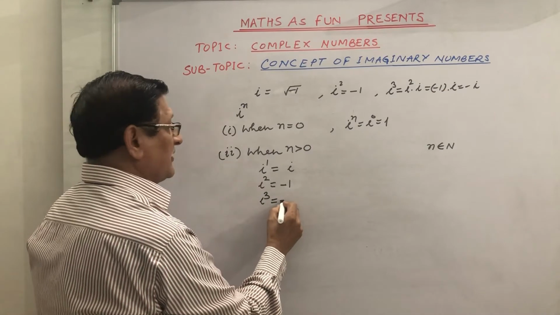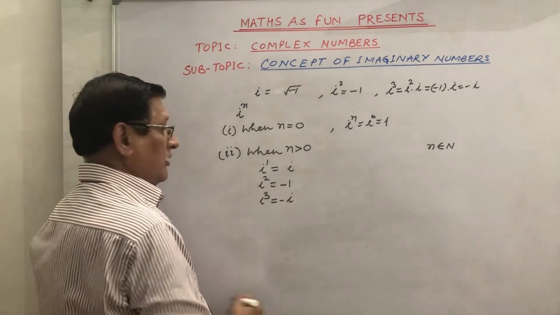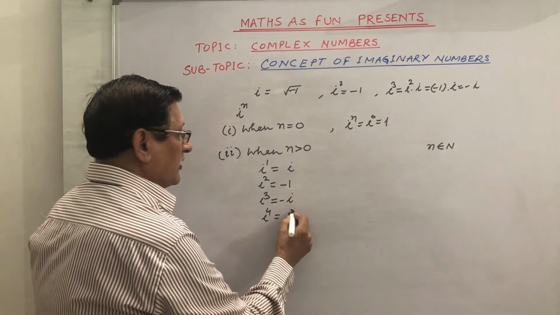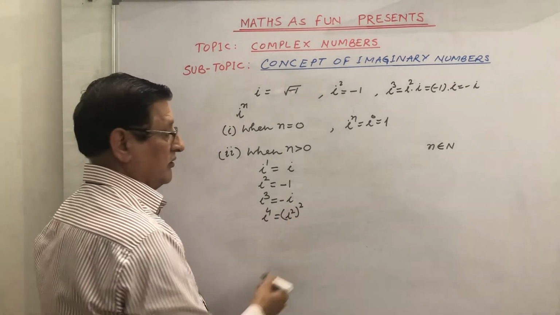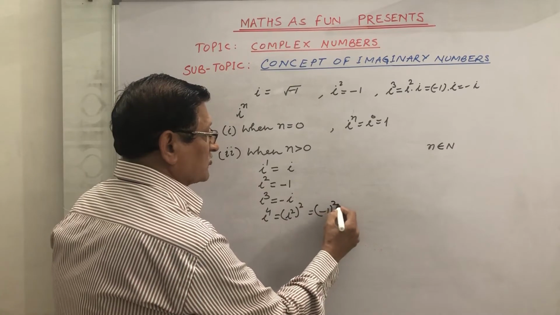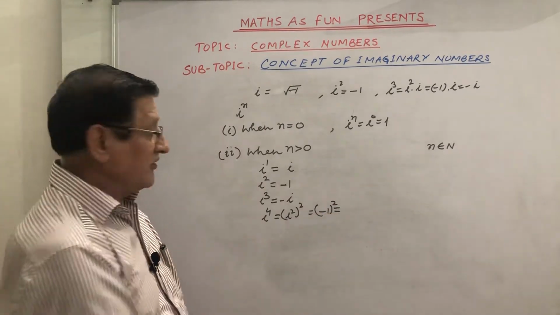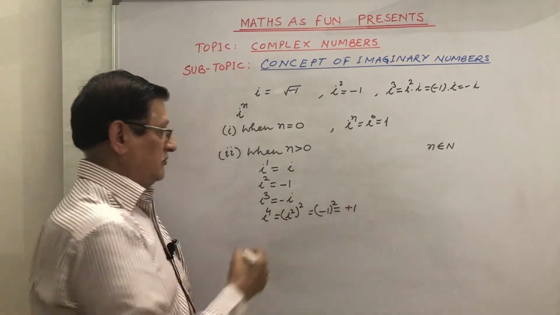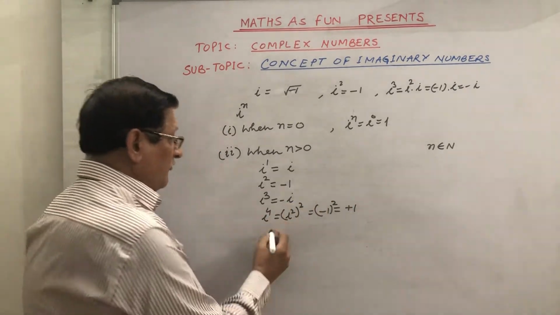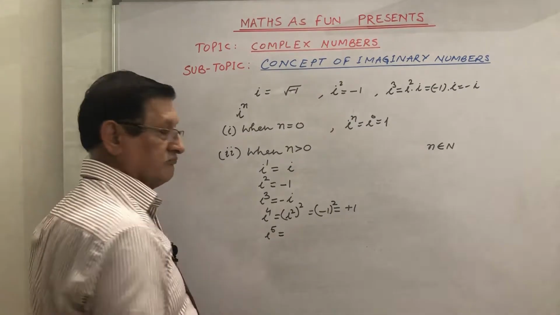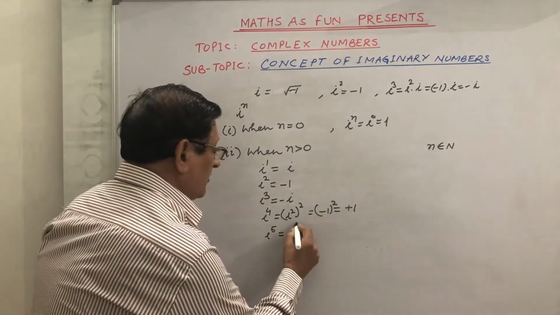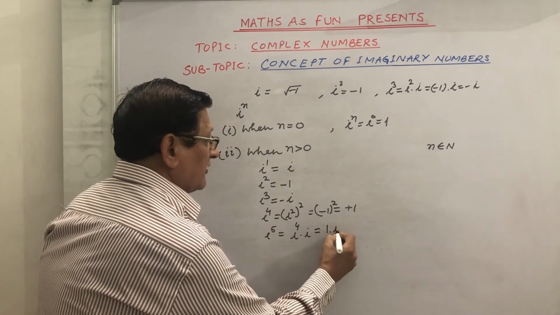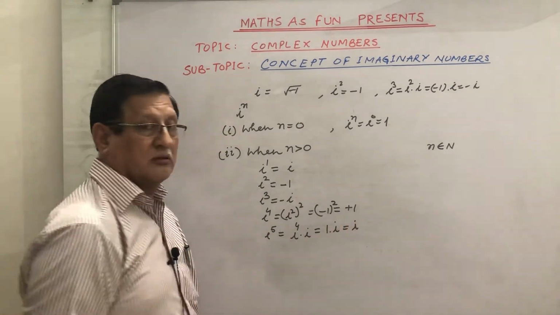Iota cube is coming as minus iota. Iota power 4 comes as iota square squared, that is square of minus 1, and you know that can be written as plus 1. If we go for iota to the power 5, that will be iota to the power 4 into iota. It means that can be written as 1 into iota, that is iota.